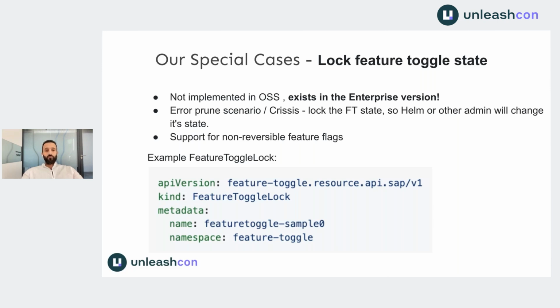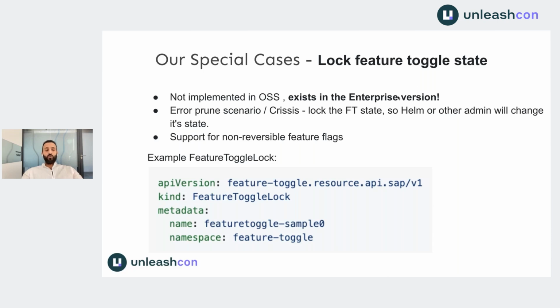And because of our CI/CD process, I don't want any apply of this feature toggle resource to override the state of the toggle. So it's switched off now. If any CI/CD runs now with a state of true, this will turn the toggle on again.